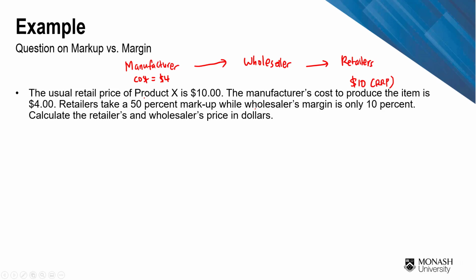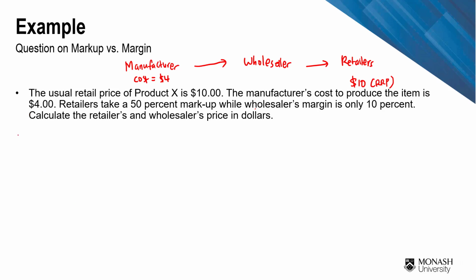And now what I want is to find out the wholesaler's price and the retailer's price. So now if you think about it, in each part of the chain you will have a manufacturer cost, manufacturer selling price, wholesaler's cost, wholesaler selling price, retailer's cost, retailer selling price.